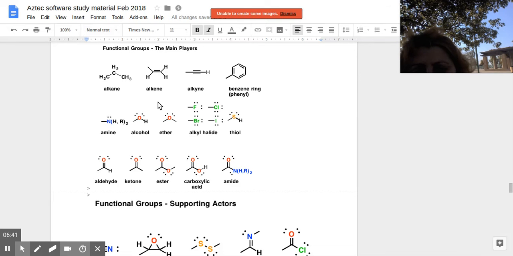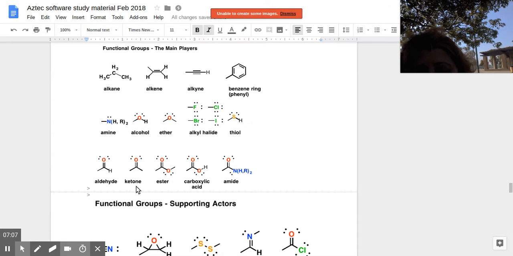So alkane, alkene, alkyne. So carbon, double bond here, triple bond here. Amine has nitrogen. So alcohol, ether, alkyl halide. Thiol is a sulfur group.